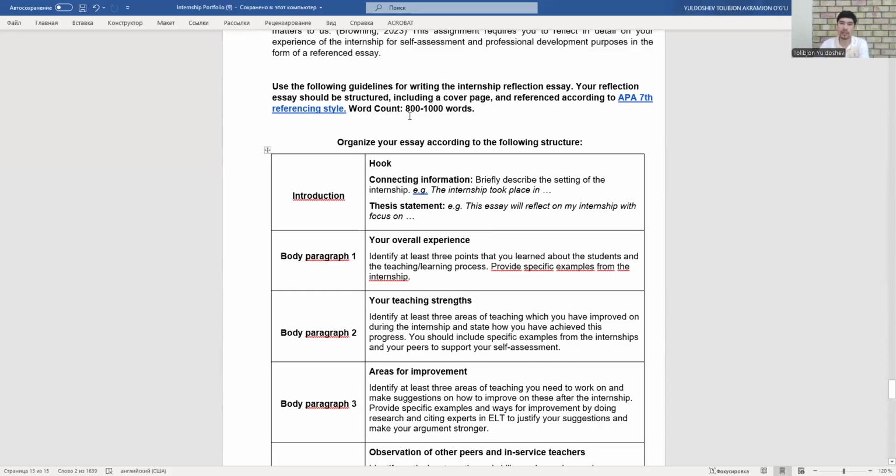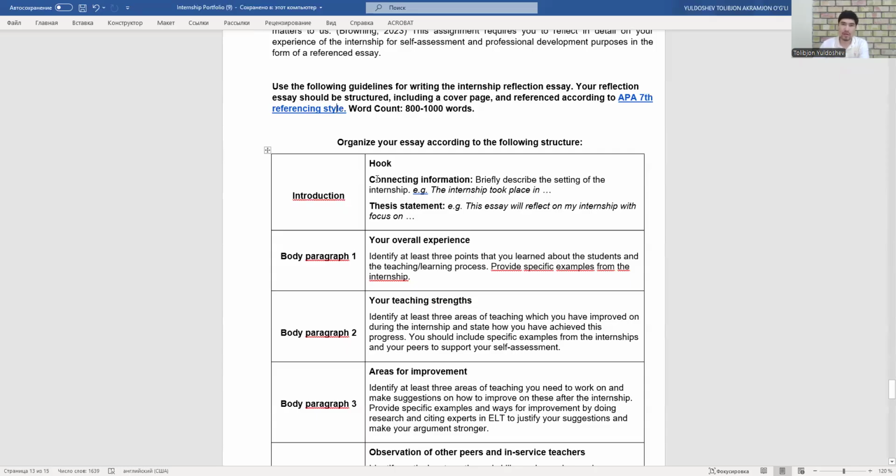Make sure that you write 800 to 1000 words and you follow APA 7th referencing style. So if you don't know what APA 7th referencing style is yet, this one is a hyperlink. You can click on it and this leads you to a website. You can read some more information there.